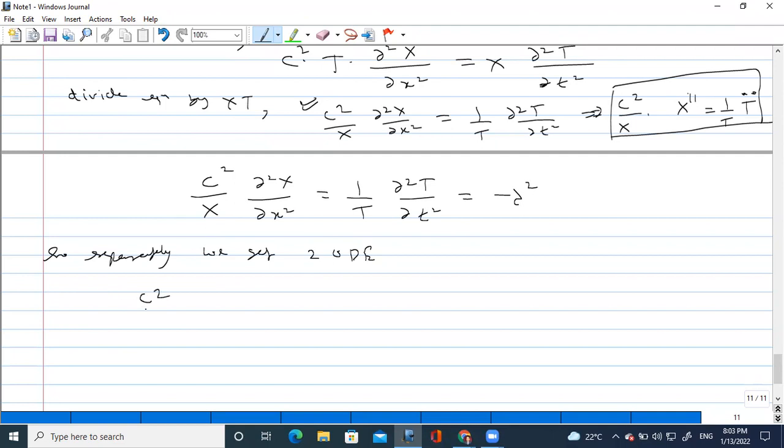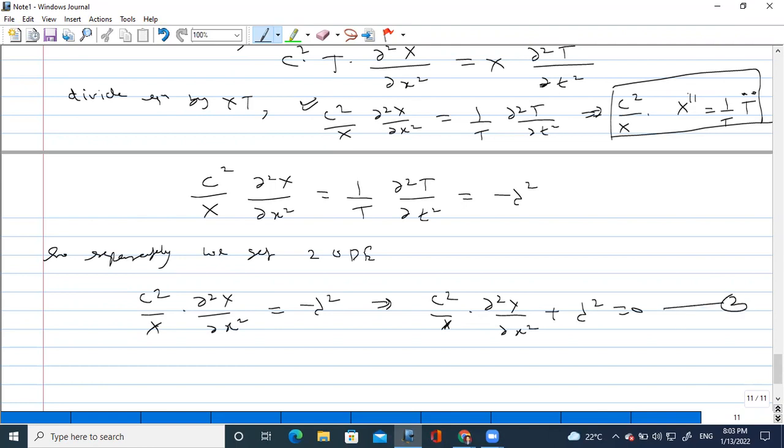Number one is c square by X del 2X by del x square equal to minus lambda square, or you can say c square by X into del 2X by del x square plus lambda square is equal to 0. So this is my equation number 2.